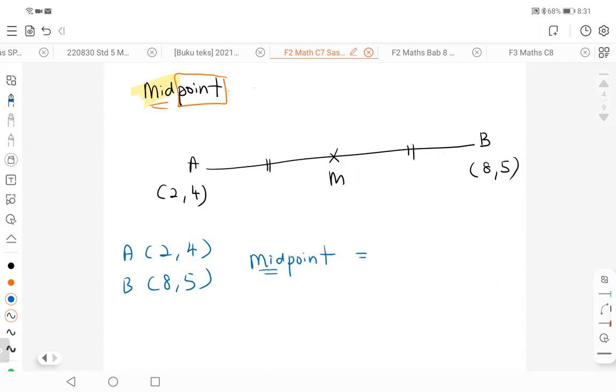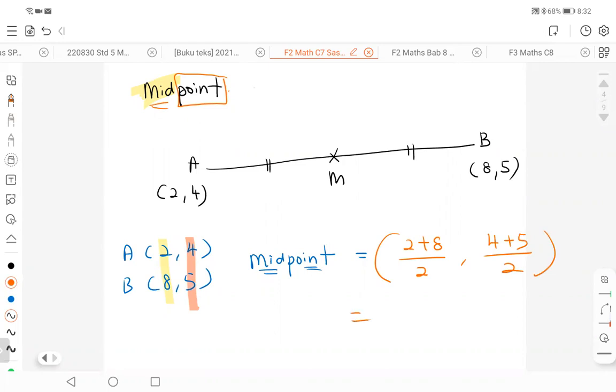Mid, you remind yourself, tengah-tengah, divide by 2, plus, divide by 2. Point means coordinate, so open up the bracket, and go by column. 2 plus 8 divided by 2, comma, the other column, 4 plus 5 divided by 2. Key in the calculator and get the answer.